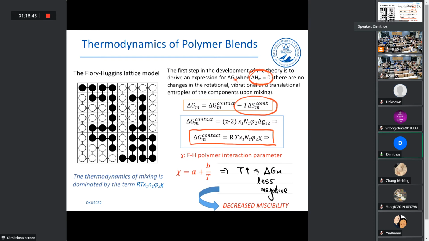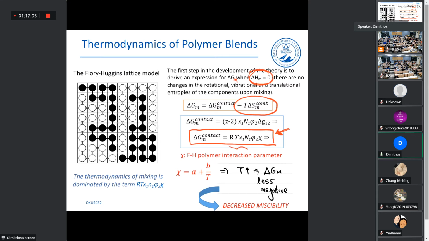The delta G M contact is given by this equation. There's no point in going through this because it is derived essentially from polymer solvent mixtures, which is not the same as polymer mixtures, but anyway, people use it for polymer mixtures.